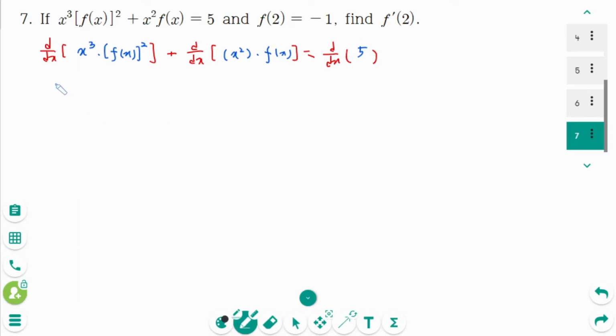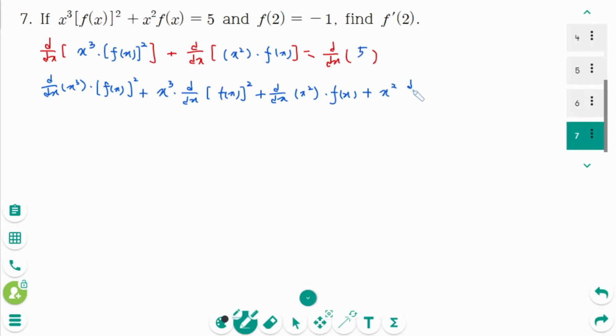Using the product rule, d/dx of x cubed times f of x squared plus x cubed times d/dx of f of x squared plus d/dx of x squared times f of x plus x squared times d/dx of f of x equals d/dx of 5.